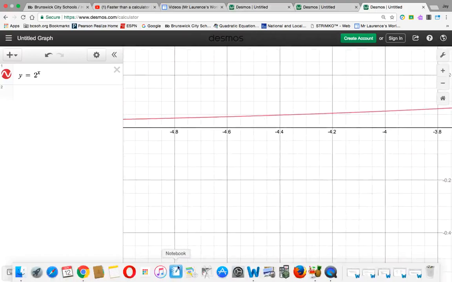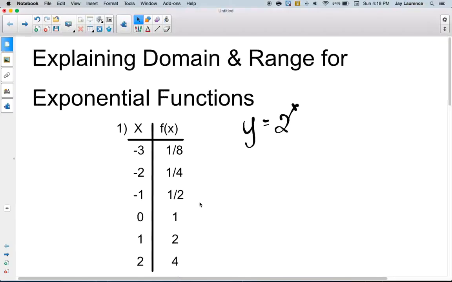If we go back here to the input-output table, we see that the fractions are getting smaller and smaller and smaller as the input is negative. For -4, we'll get 1/16, then 1/32 for -5, and then -6 would be 1/64. They're getting smaller and smaller. They're approaching 0.